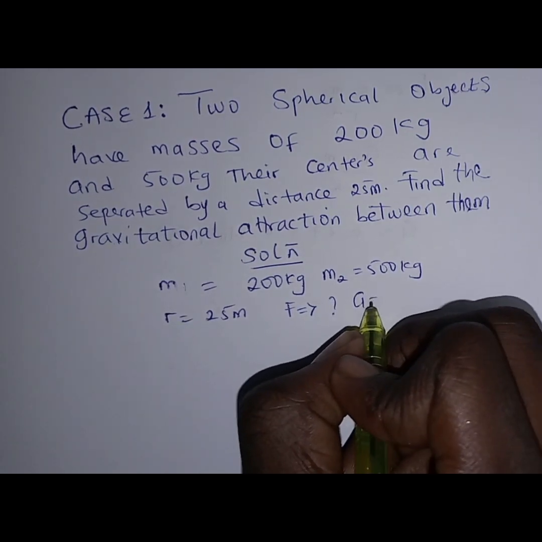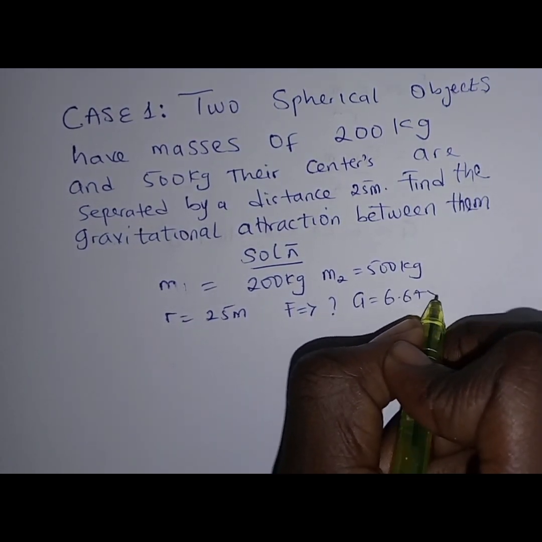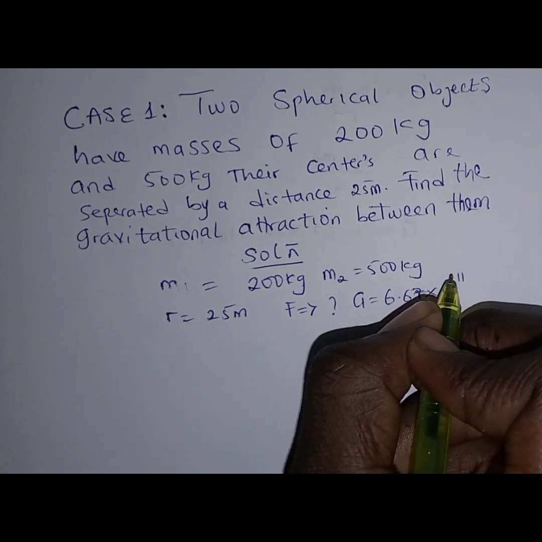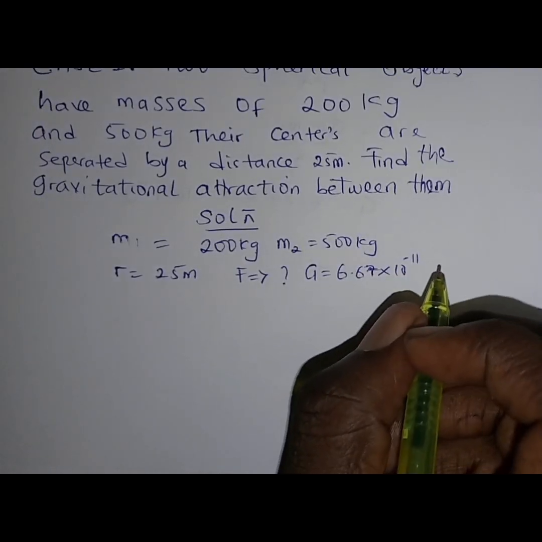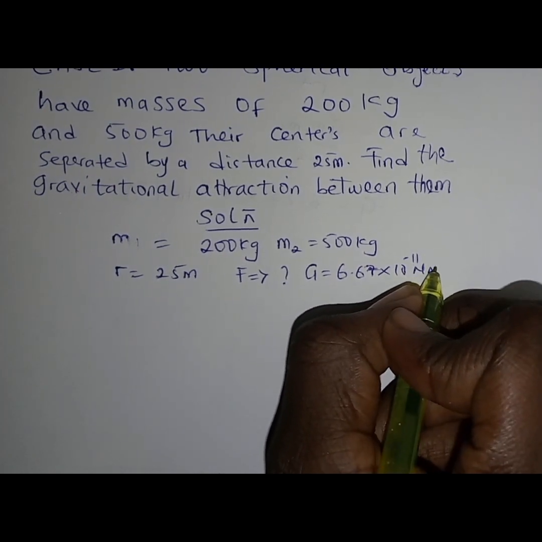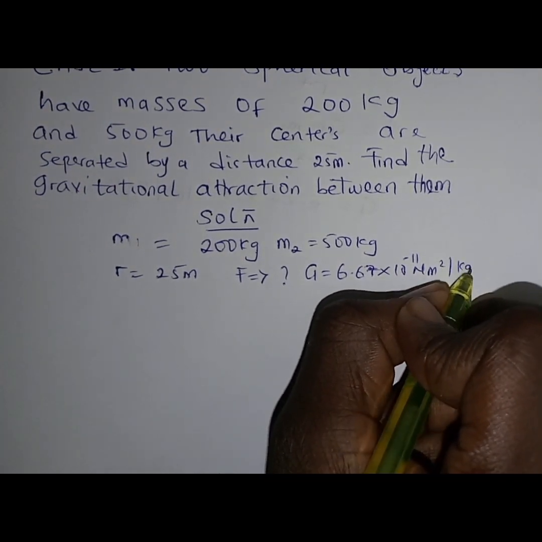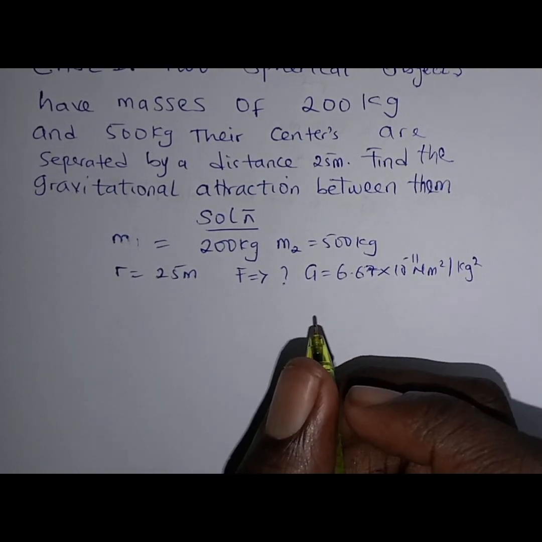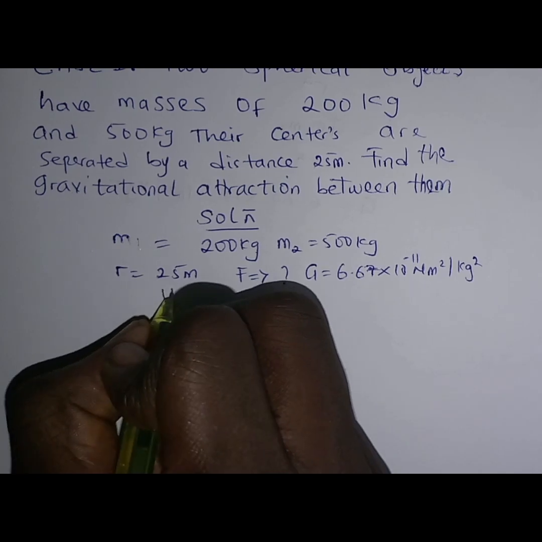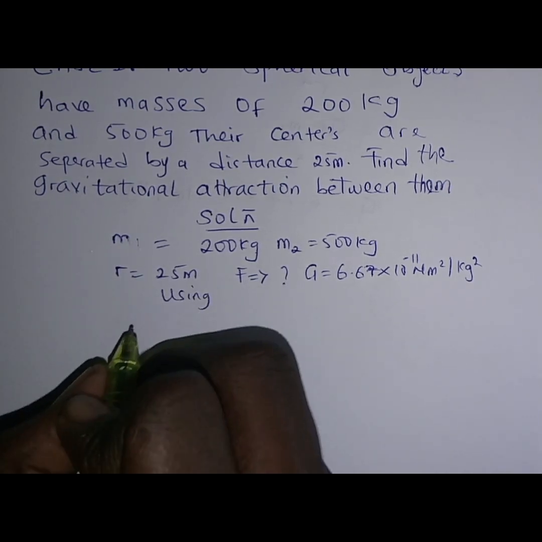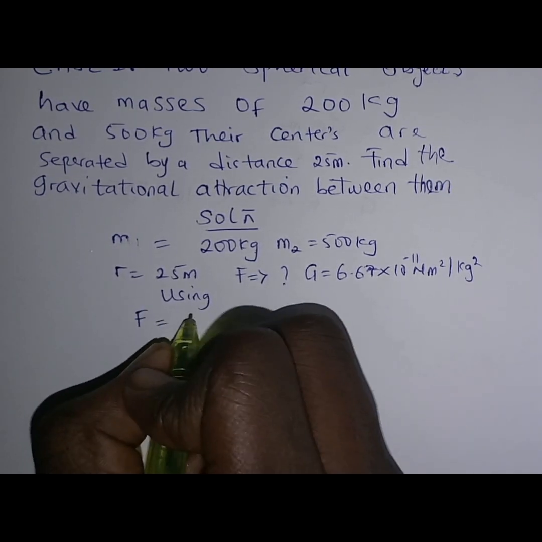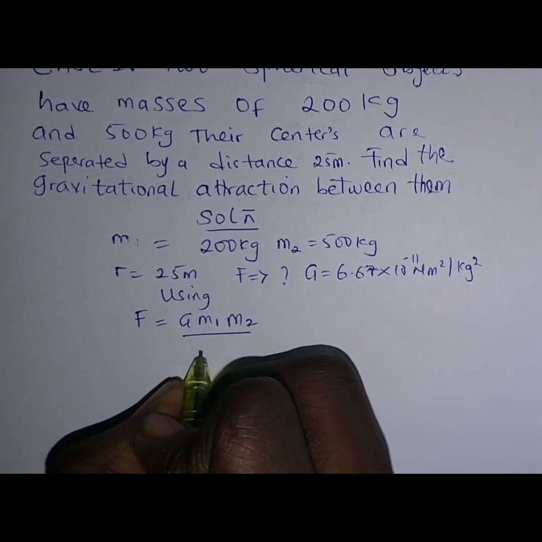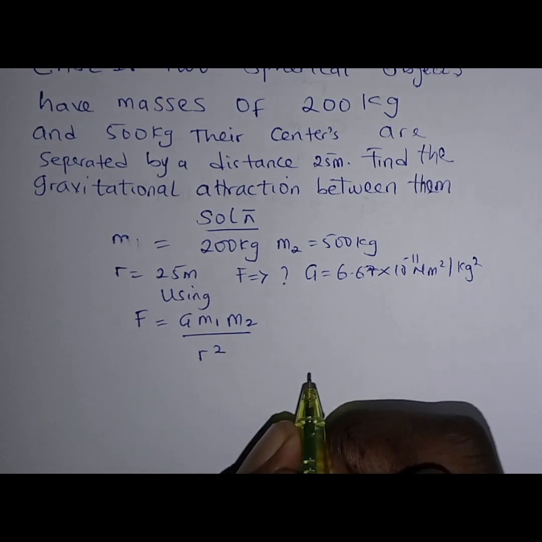And remember, your G is a constant of 6.67 times 10 raised to minus 11 Newton meter square per kilogram square. Now, by formula, we can solve this using F equals to G M1 M2 over R square.